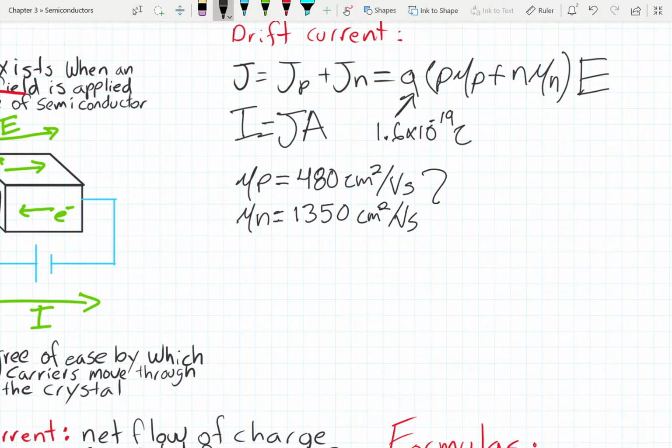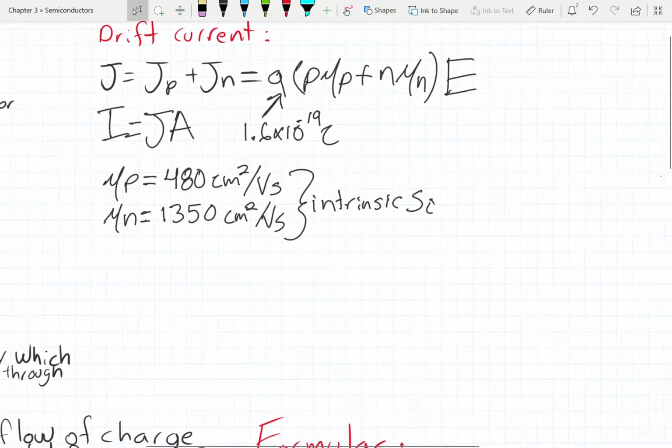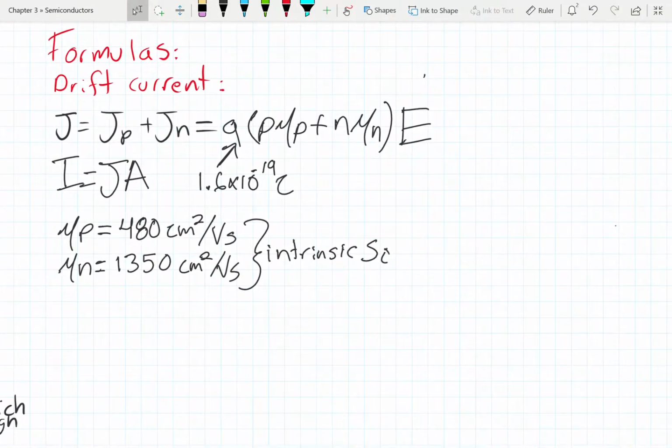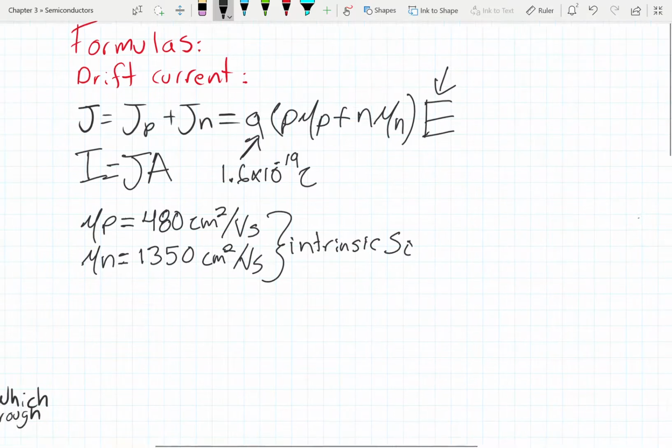So this is for intrinsic silicon, and we notice that the electron mobility is greater than the hole mobility. Another important thing to notice is this electric field. And always remember, drift current is the one that is related to an applied electric field.